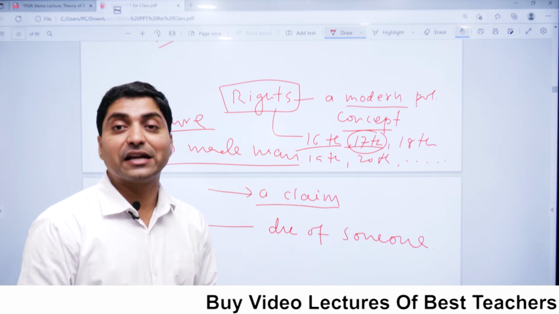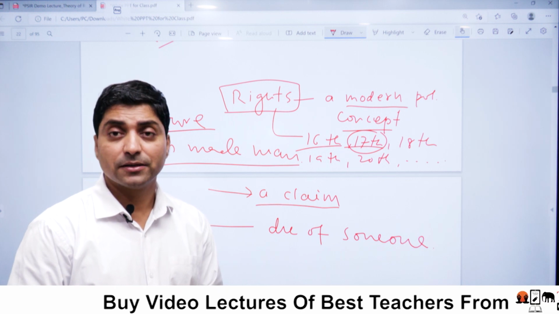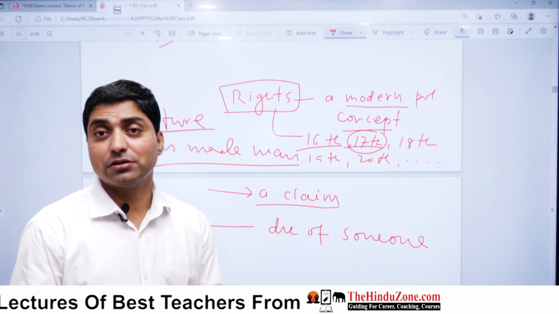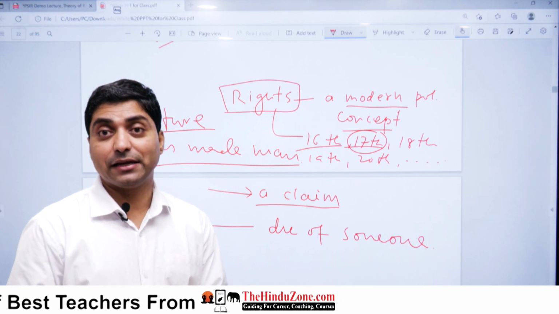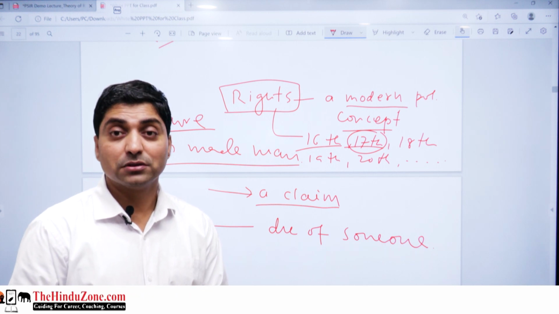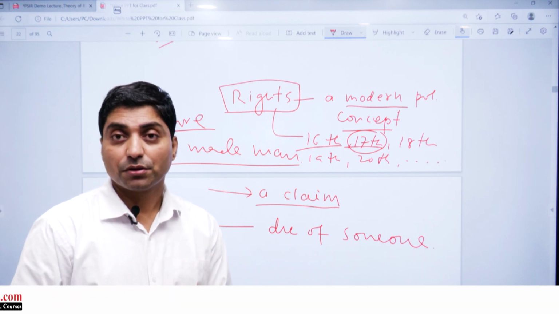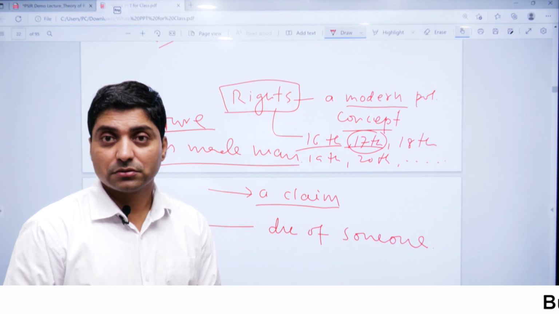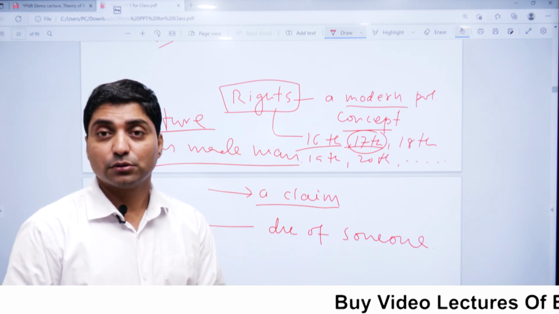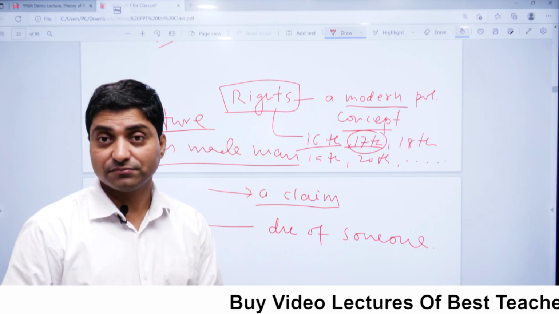For example, if you look at the environment all around us that is being polluted, and nature is unable to speak, or perhaps we are unable to hear mother nature, it does not mean mother nature has no right. Nature has its right.